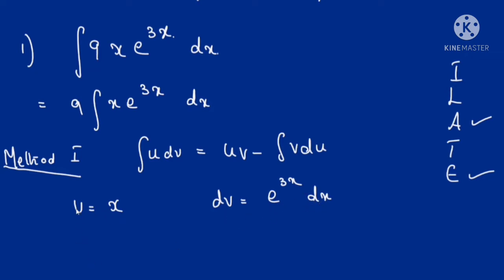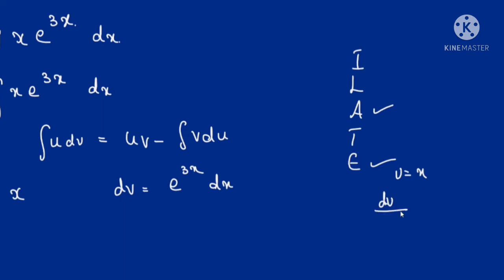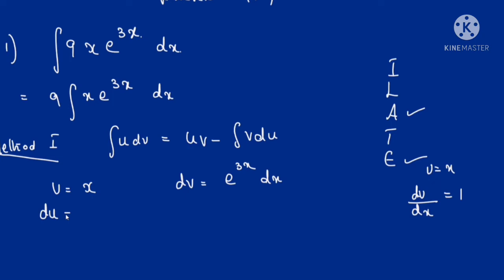Now you differentiate here. u is x, du by dx is 1, since the differentiation of x is 1, so du is dx. You differentiate here and integrate there. Integration of dv is v, and integration of e power 3x is e power 3x divided by 3.